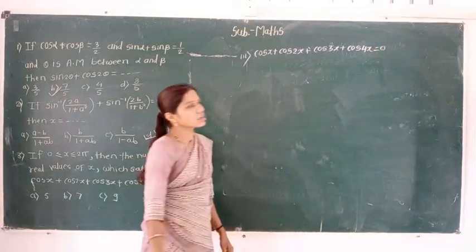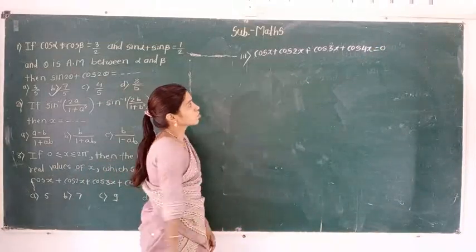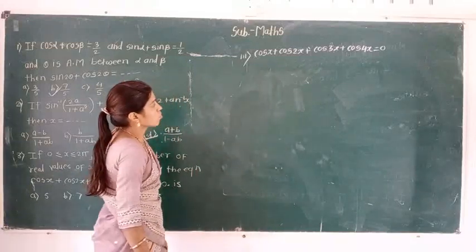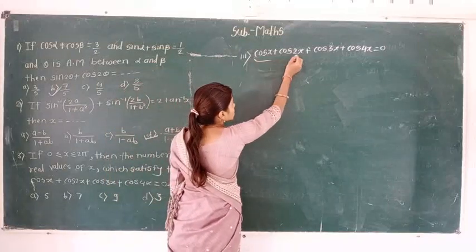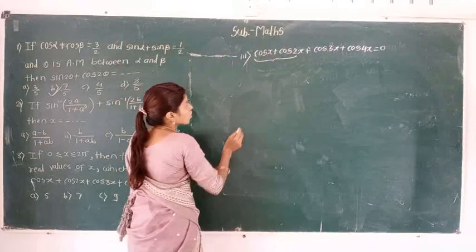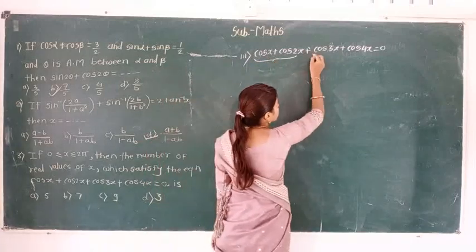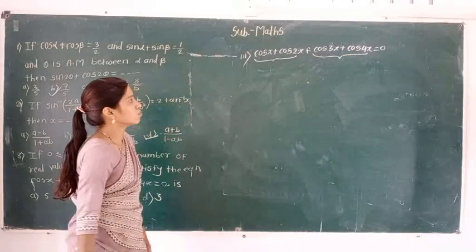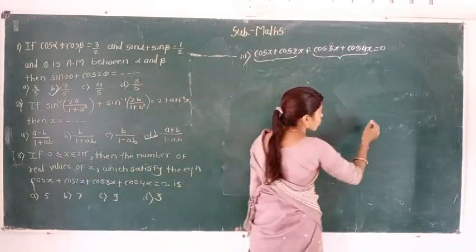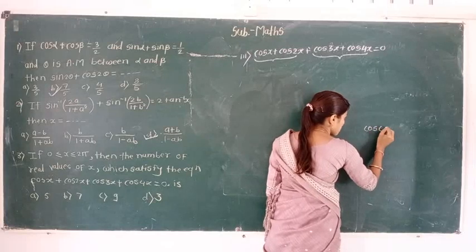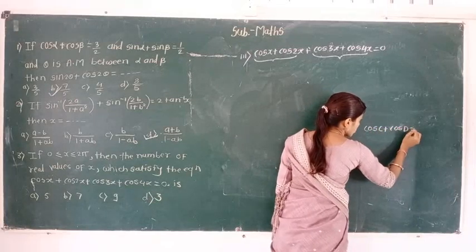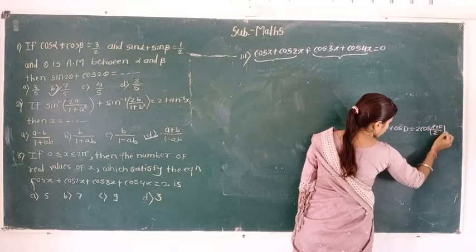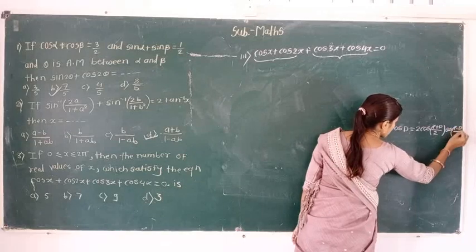For finding the solution of this type of equation, first of all we have to transform it to the standard form. So use the factorization formula for the sum of the first two terms and also for the sum of the third and fourth terms. We know the formula for cos C plus cos D is 2 cos((C plus D) by 2) into cos((C minus D) divided by 2).